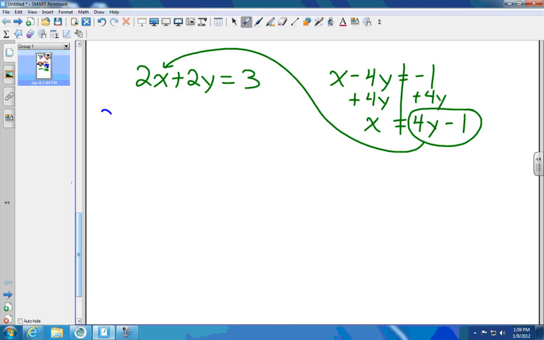So we would have 2 then, and instead of x, what are we putting in? The 4y minus 1. And then we still have the plus 2y equals 3. So what do we need to do with the 2? Distribute.